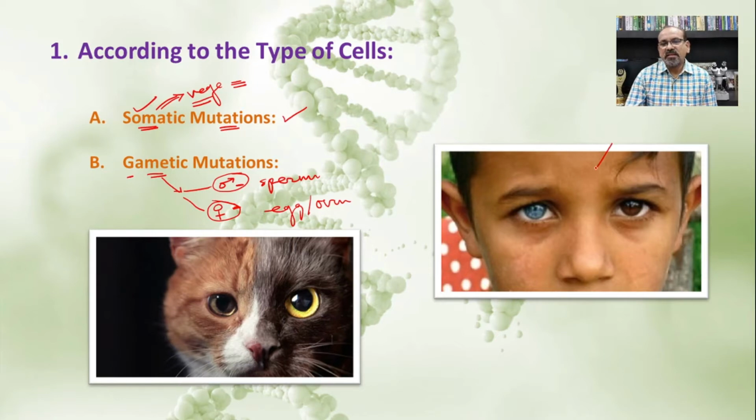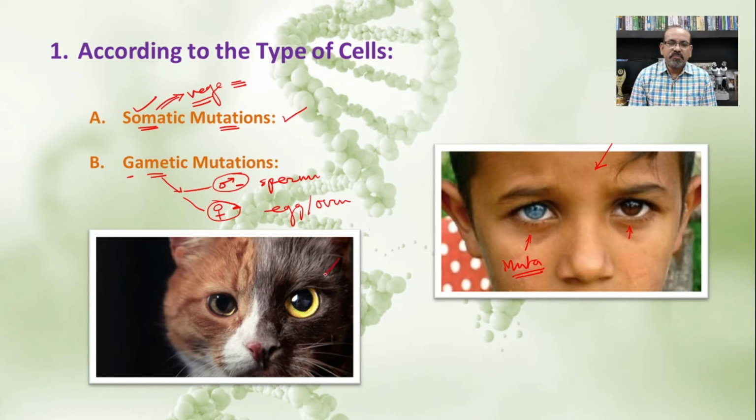If you see this image, you will find a difference between the two eyes, and this is because of a somatic mutation in one single eye.